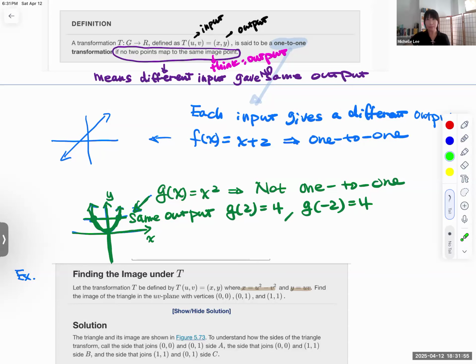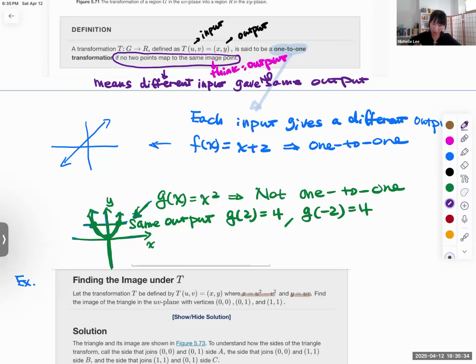All right. Okay, let's take a look at this problem: finding the image under T. The image, we just think of as output, as we said earlier.